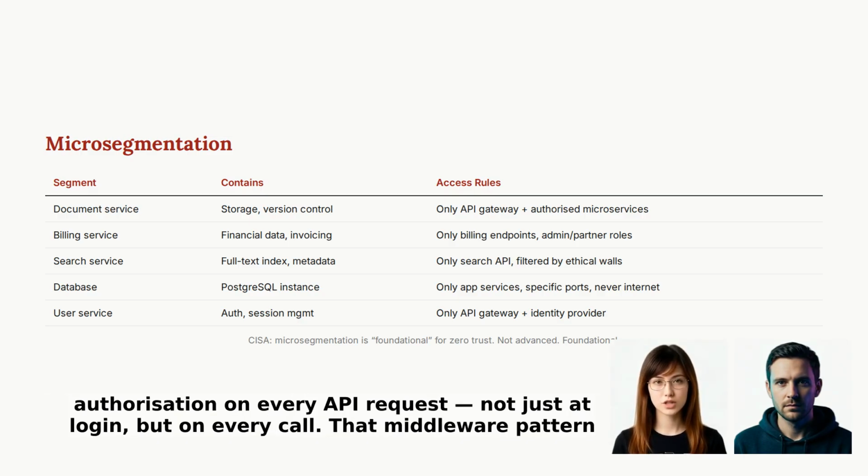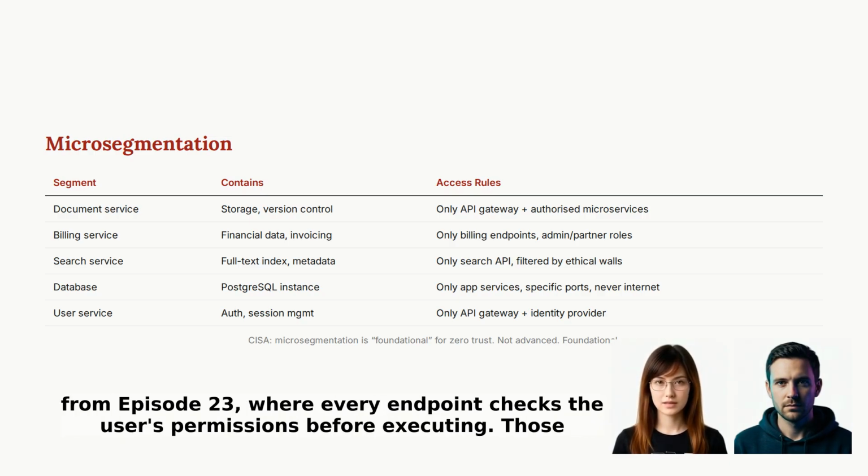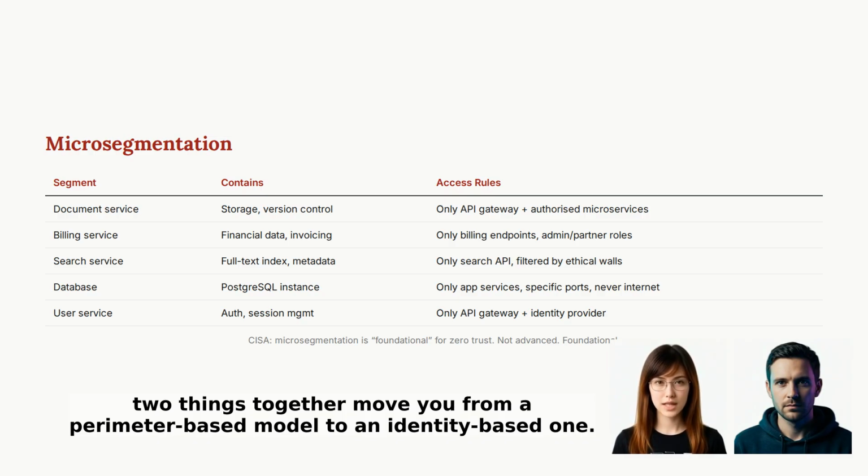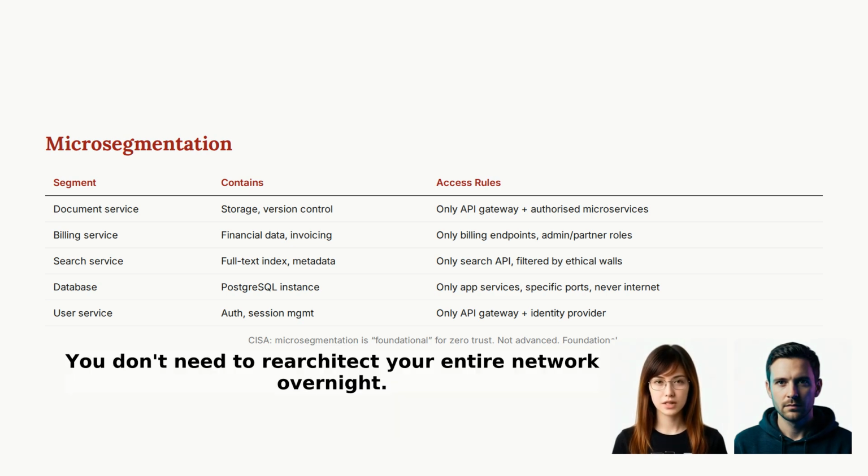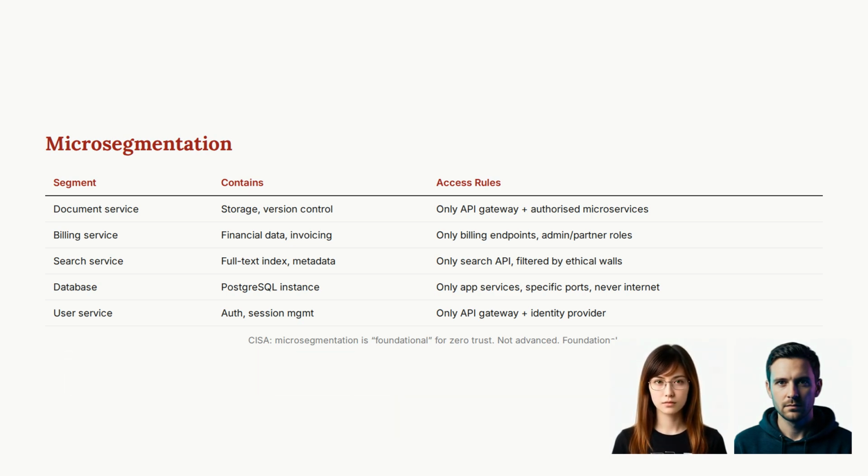Second, check authorization on every API request, not just at login, but on every call. That middleware pattern from episode 23 where every endpoint checks the user's permissions before executing. Those 2 things together move you from a perimeter-based model to an identity-based one. You don't need to re-architect your entire network overnight. Right. What comes after that?